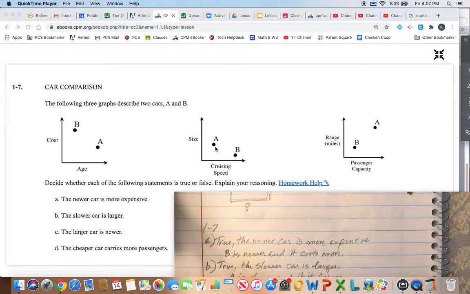Okay, and now we're going on to C. The larger car is newer. Okay, so let's see. Now we're going to have to compare the larger car, A, and we're going to have to see whether it's older or newer. Well, actually, the larger car, which is A, is not newer. It's actually older. So we're going to have to say that this is false.